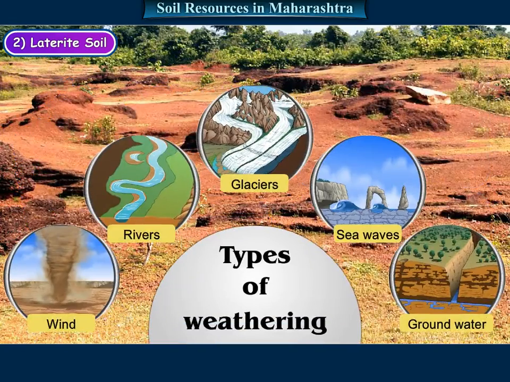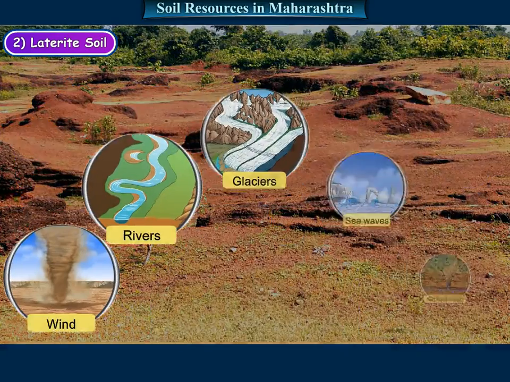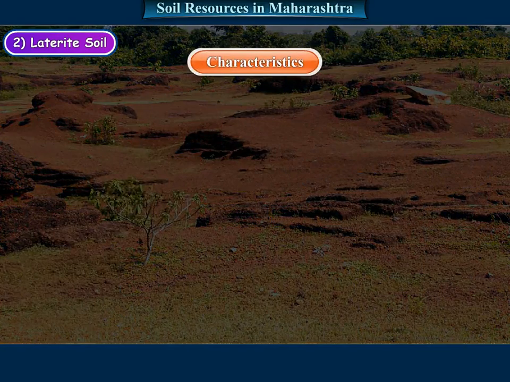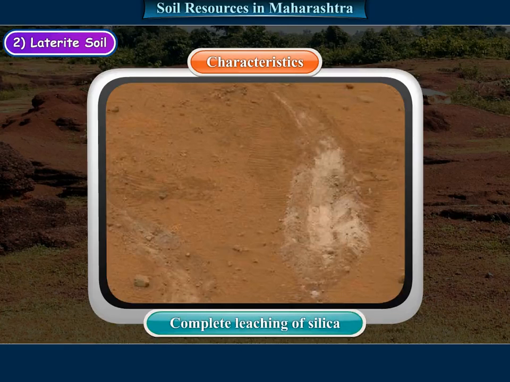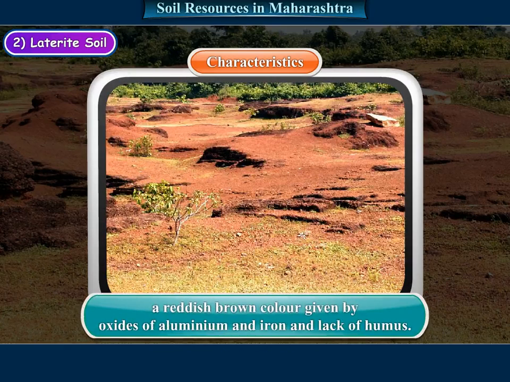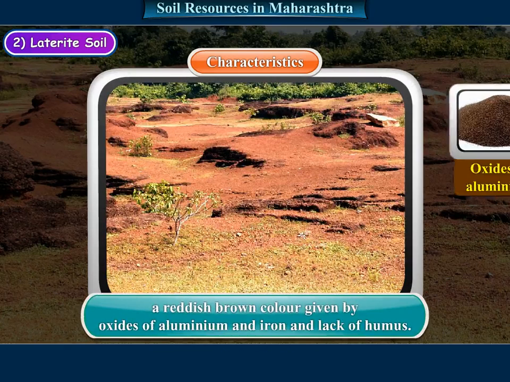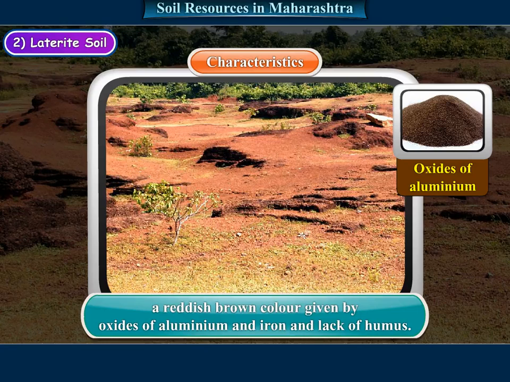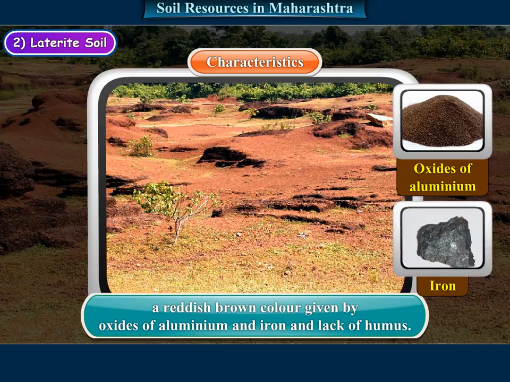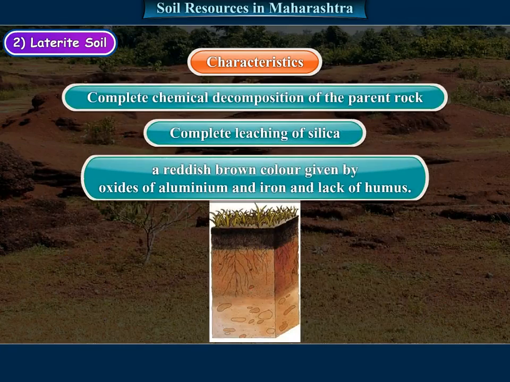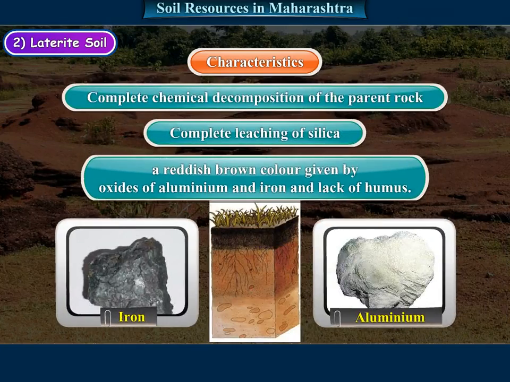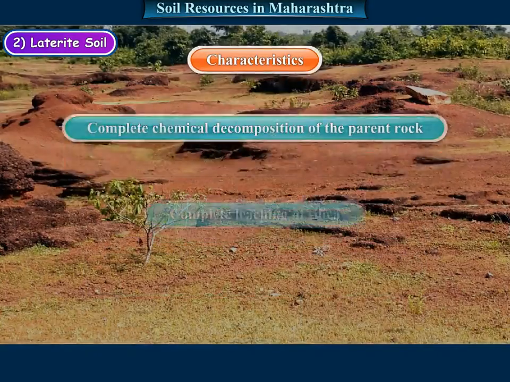As a result of weathering, laterite soil becomes extremely hard, and their characteristics include complete chemical decomposition of the parent rock, complete leaching of silica, a reddish-brown color given by oxides of aluminium and iron, and lack of humus. Due to this, the amount of aluminium and iron increases in the soil.